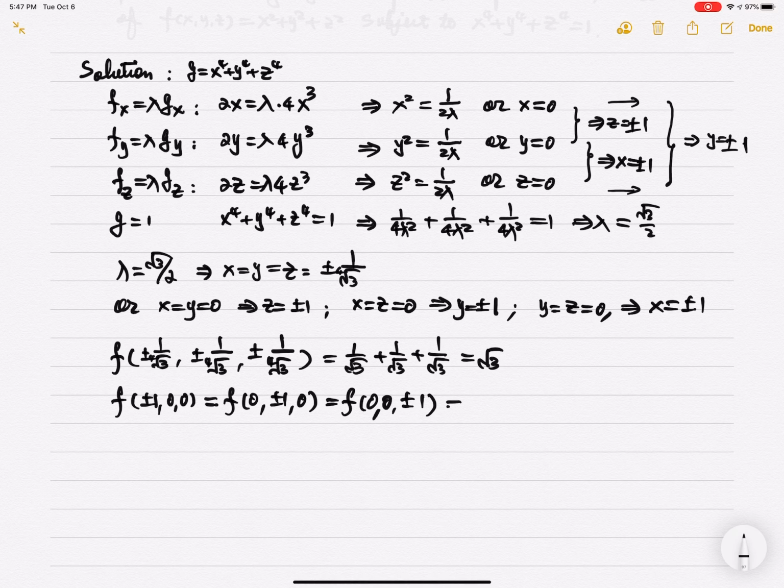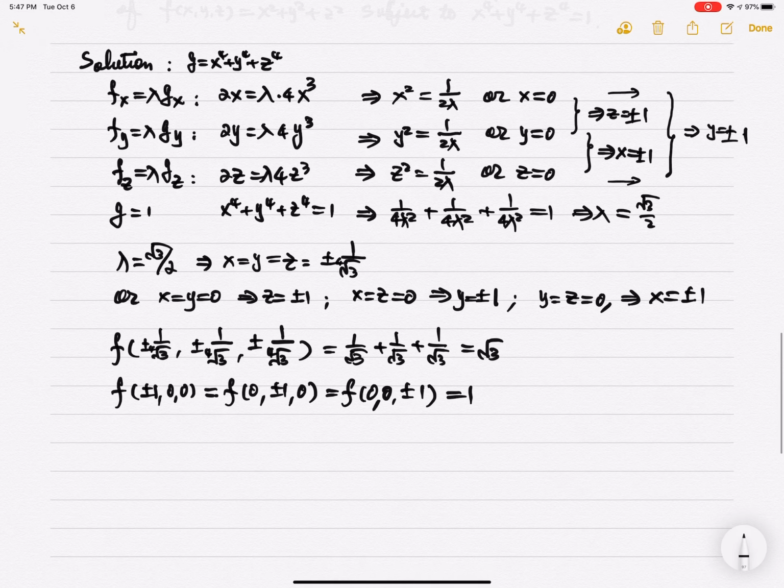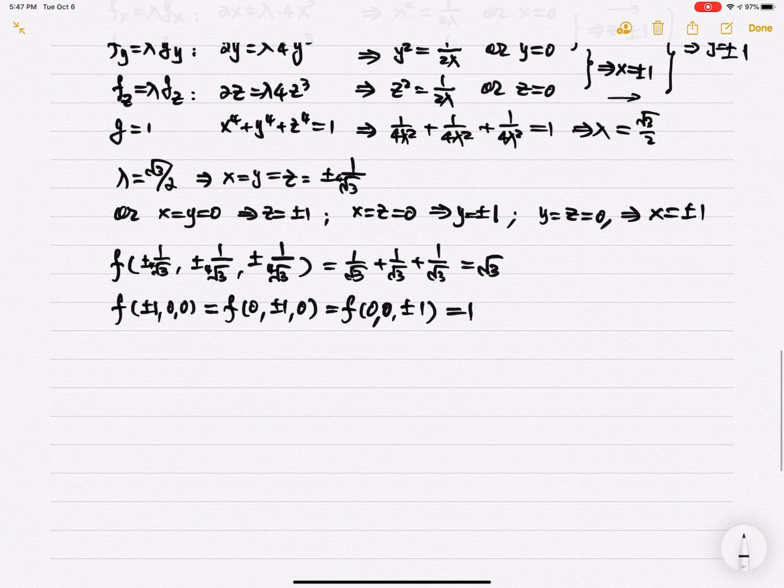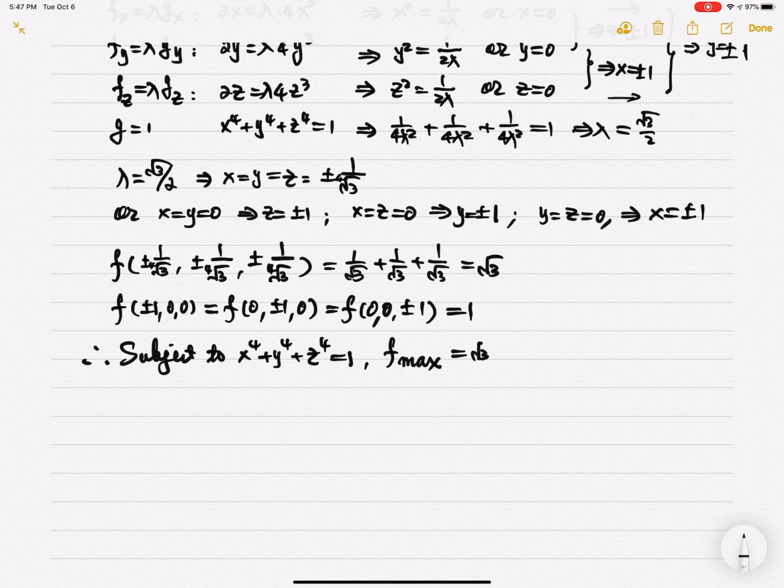When you substitute this, it is always equal to 1. Therefore, subject to x to the fourth plus y to the fourth plus z to the fourth equal to 1, we say f max equals root 3.